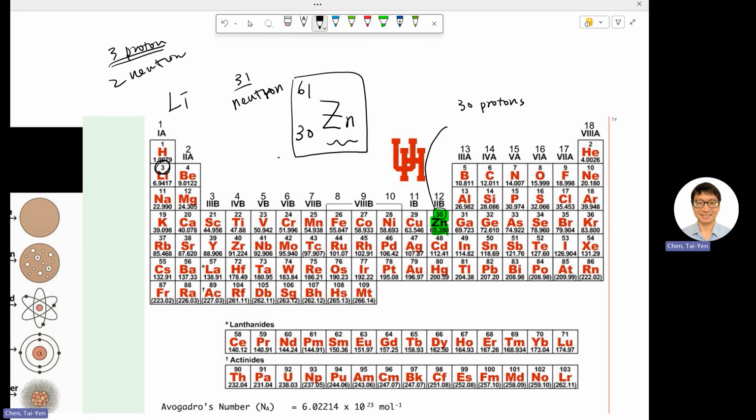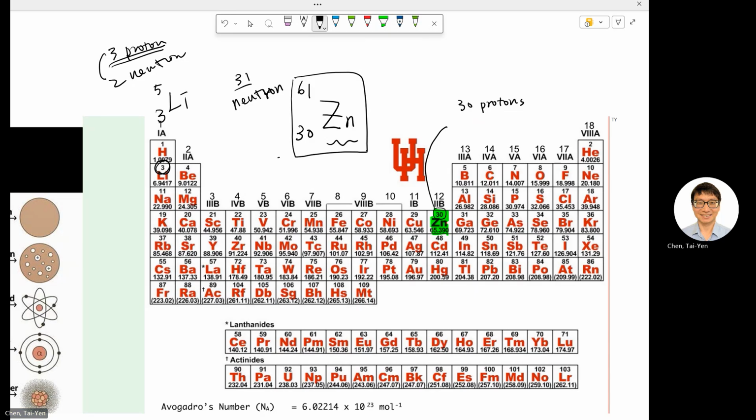Then you write down the proton number, which is 3, and you compute the mass number by adding the number of protons and neutrons, which will be 5. So if I tell you an atom contains a certain number of neutrons and protons, you will be able to write its atomic symbol.